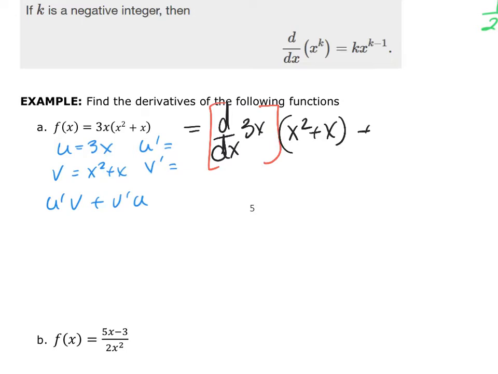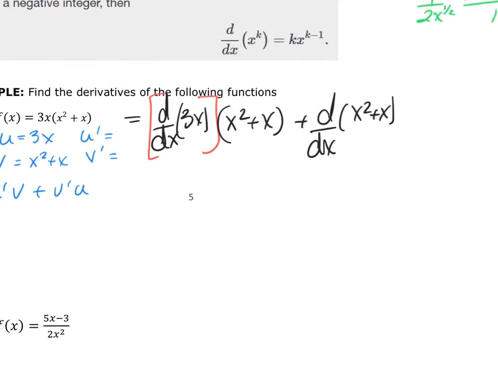And then plus the derivative with respect to x of x squared plus x. That's equivalent to v prime. And then multiplied by 3x. Okay, so there it is with the d dx, derivative with respect to x.